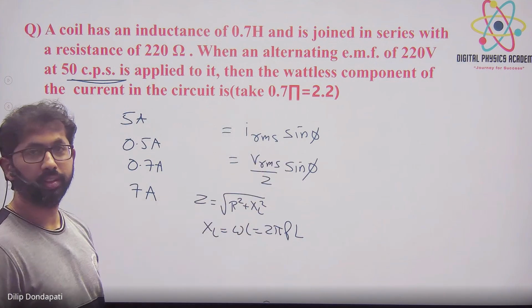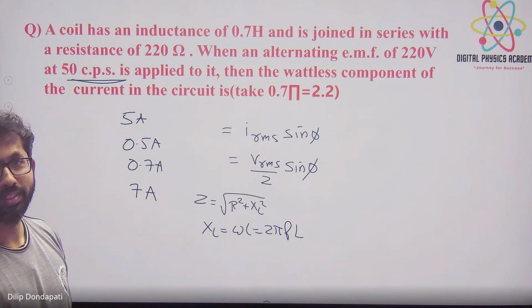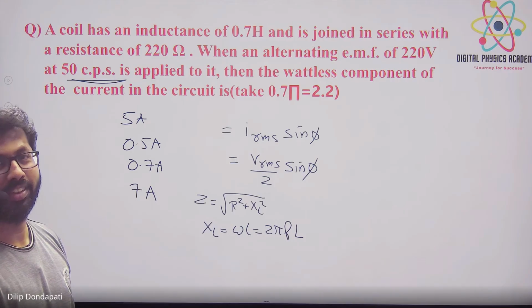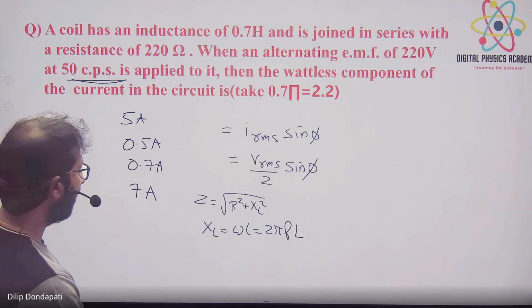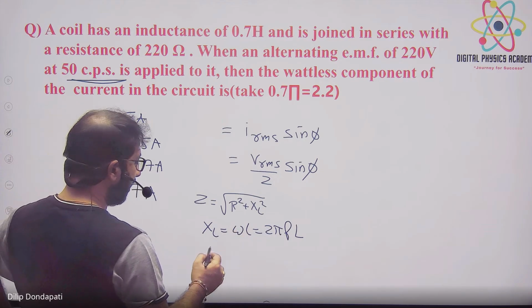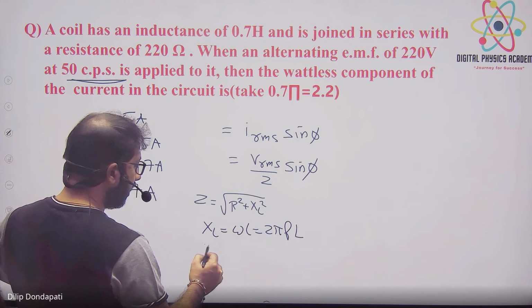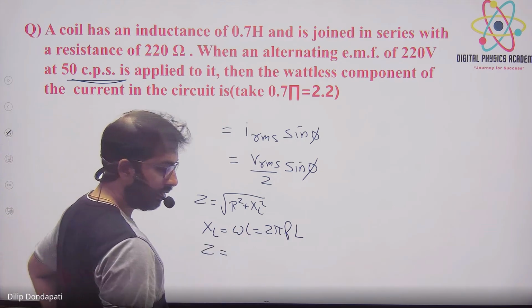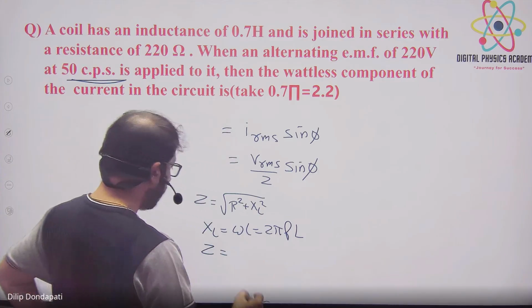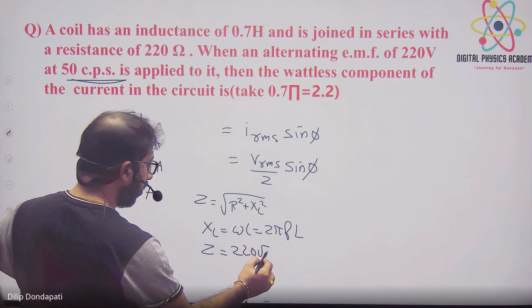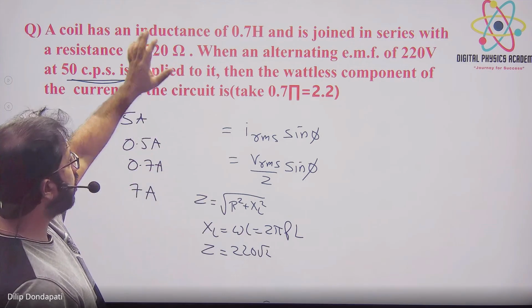How you got sin phi? So I did some mistake in sin phi. Z, Z का आएगा ना, Z का कितना है, टेल में? 220 root 2. Okay, now I told you this is a RL circuit, right?